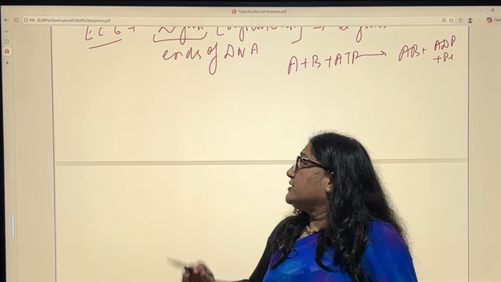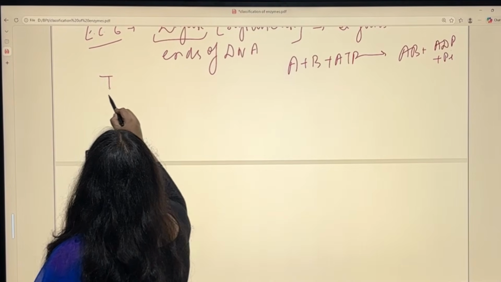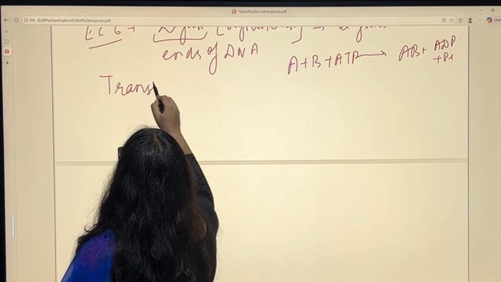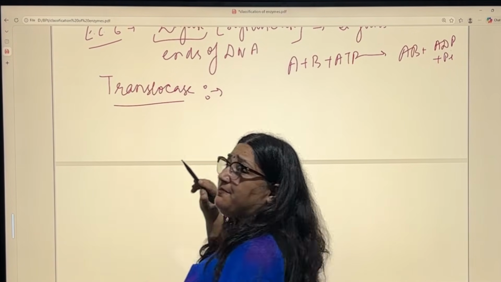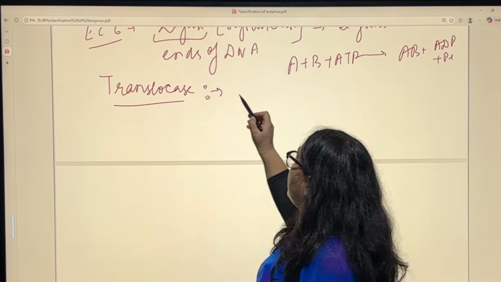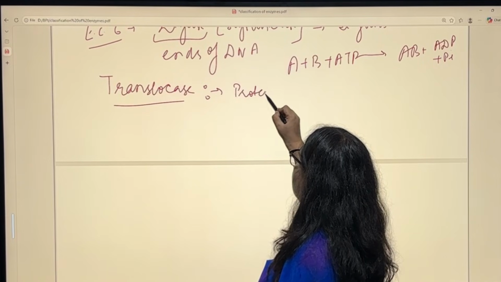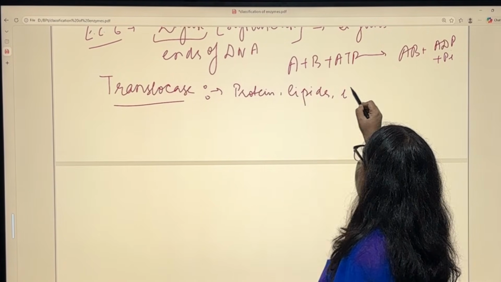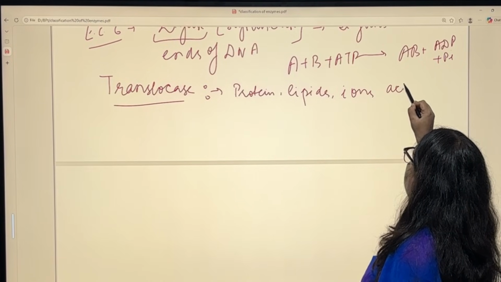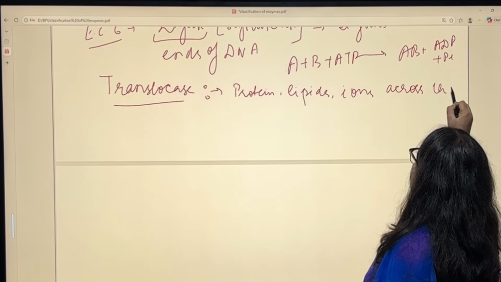Next is the last enzyme, translocase. This enzyme helps in translocating proteins, lipids, and ions across the membrane.